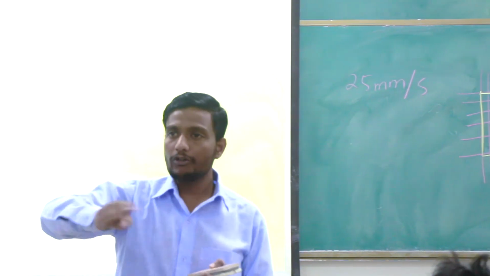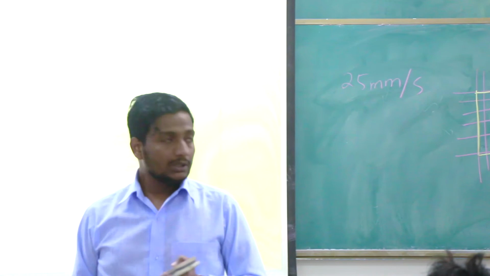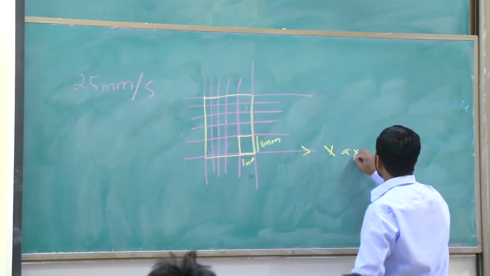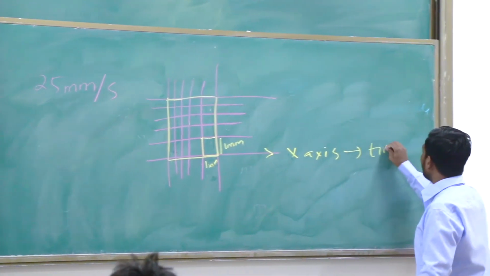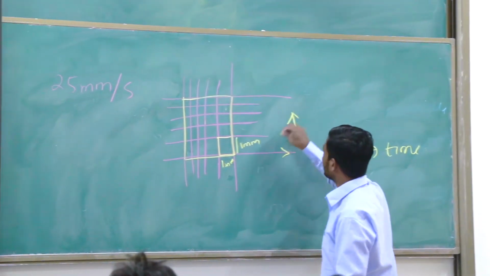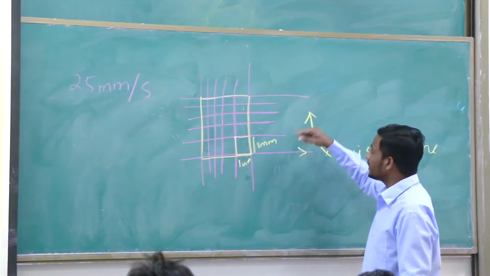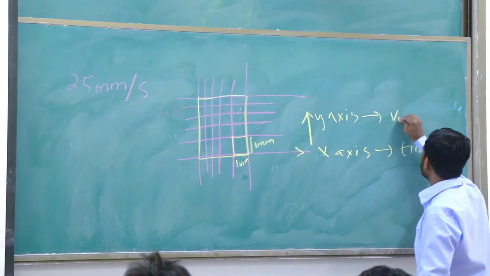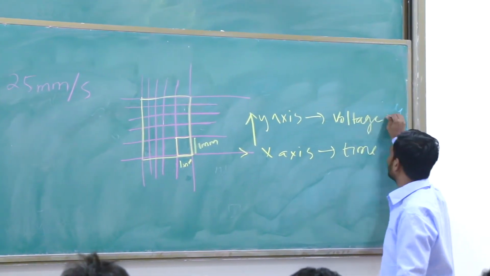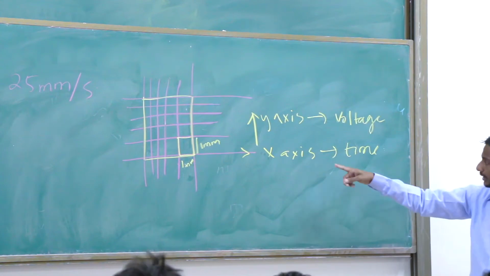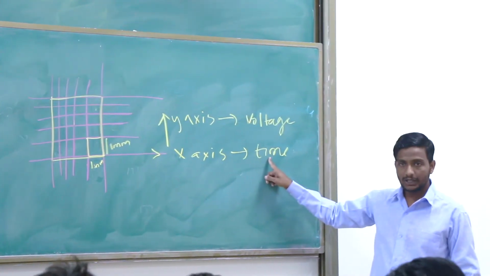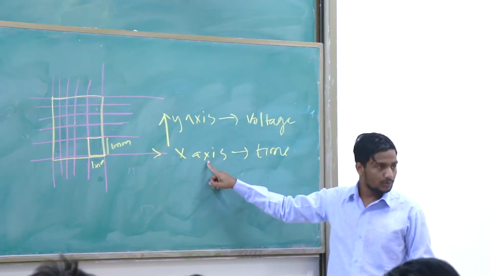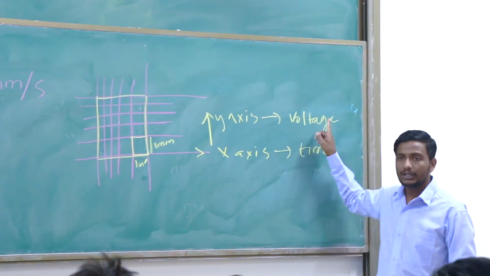When the ECG machine records the current on this paper, it always uses the x-axis for the time, and the y-axis, the height of the paper, for the voltage. The amplitude will give you the idea about the voltage, and the length will give you the idea about the time. So x-axis is for the time, and y-axis is for the voltage.